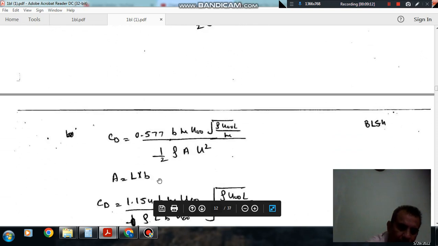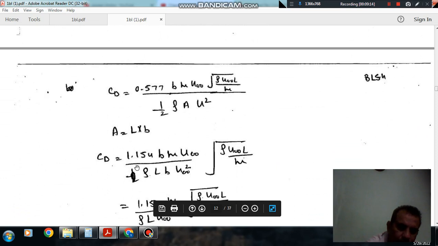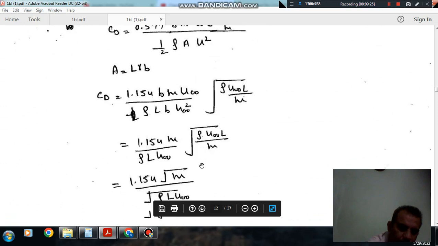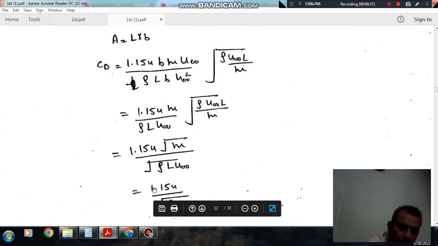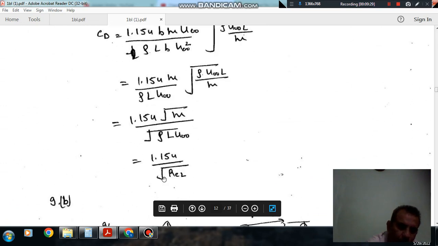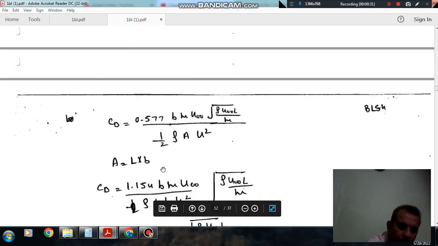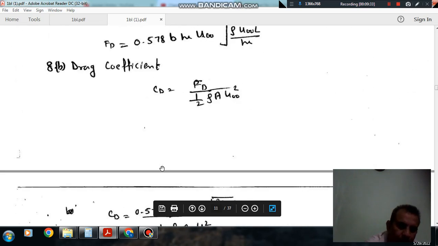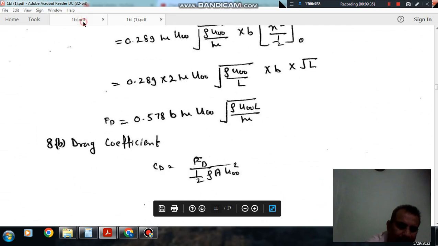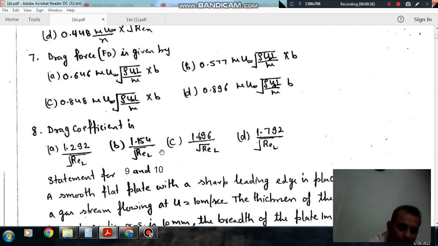A is your L into B. So CD will be 1.154 B mu u infinity by rho L B u infinity square root of rho u infinity L by mu, or it will be 1.154 by root Re L. So the answer is option B, 1.154 by root Re L.